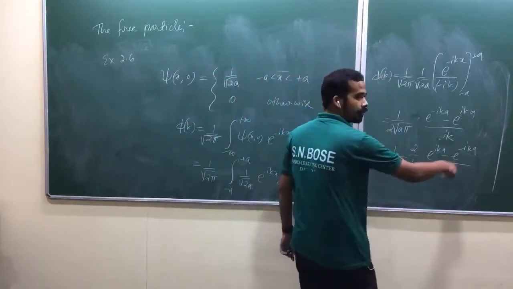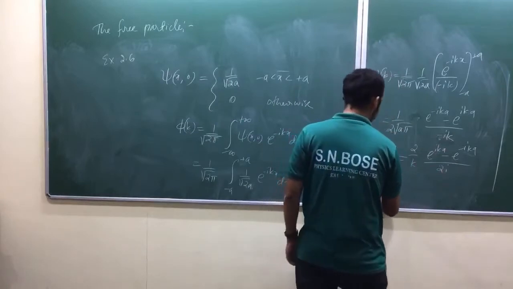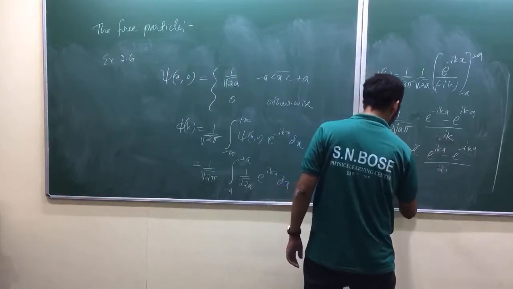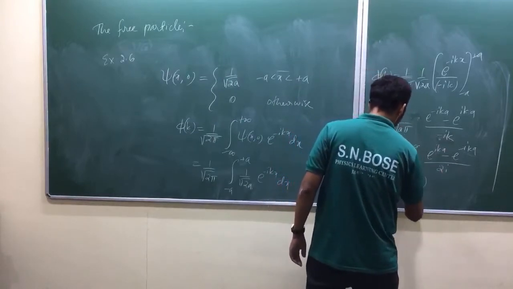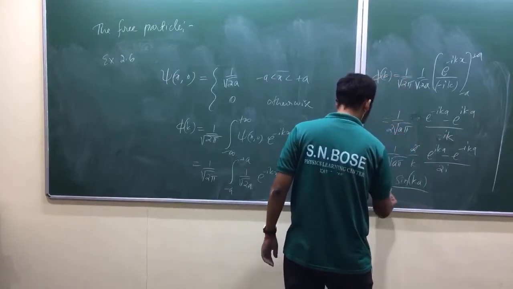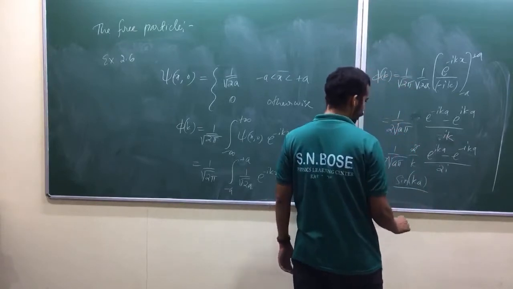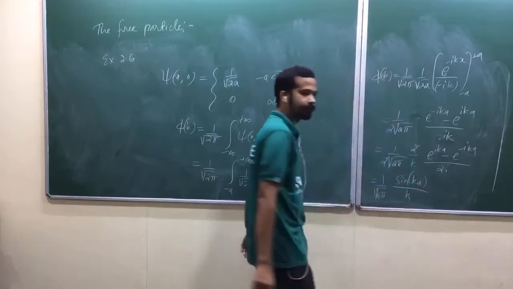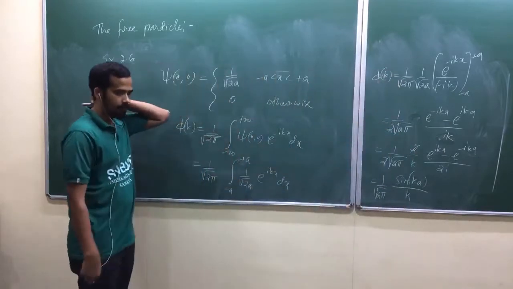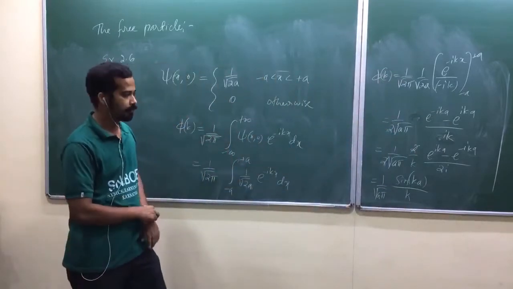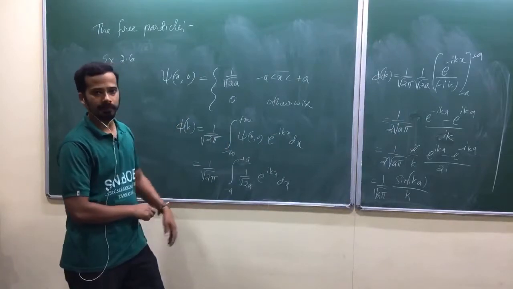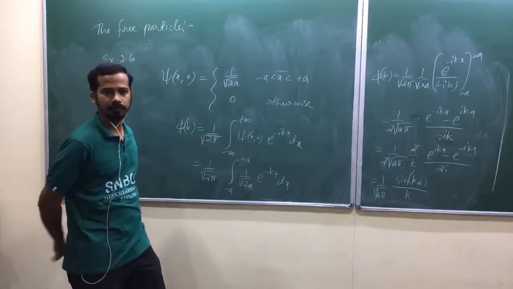What is this? Sin k a. So now this is 1 by root a pi, sin k a divided by k. We got the same problem, am I right?